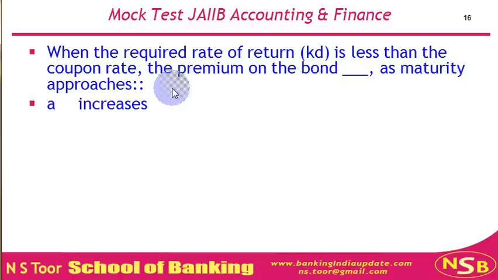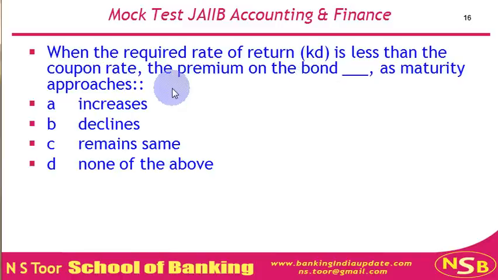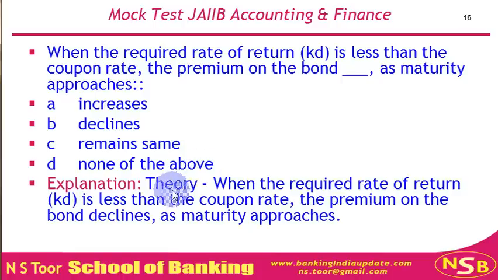So here we have the options. The premium on the bond increases, the premium on the bond declines, it remains the same, and none of the above. Let us see the explanation. What is the theory? The theory says when the required rate of return, that is the current market rate of interest or YTM, is less than the coupon rate, the premium on the bond declines as maturity comes near.